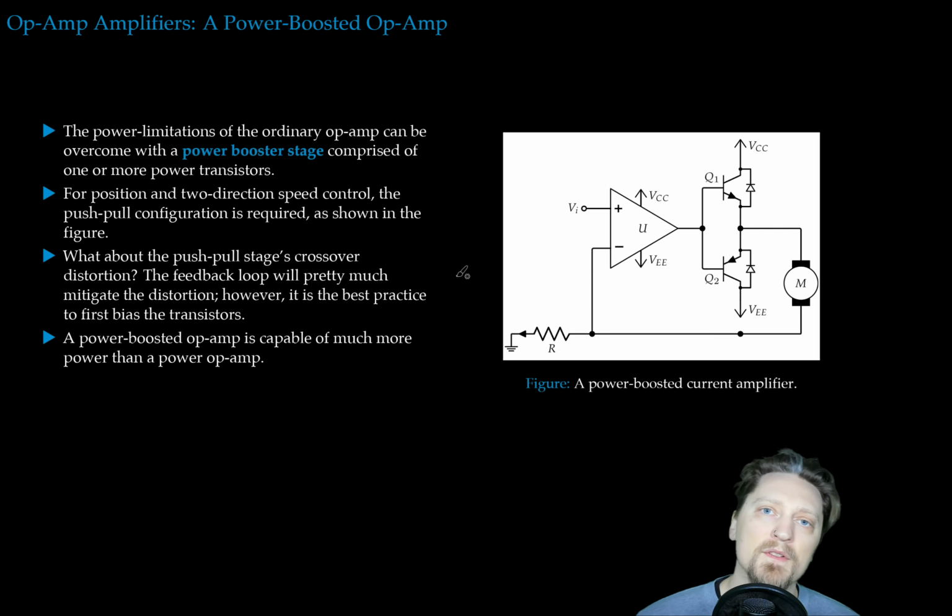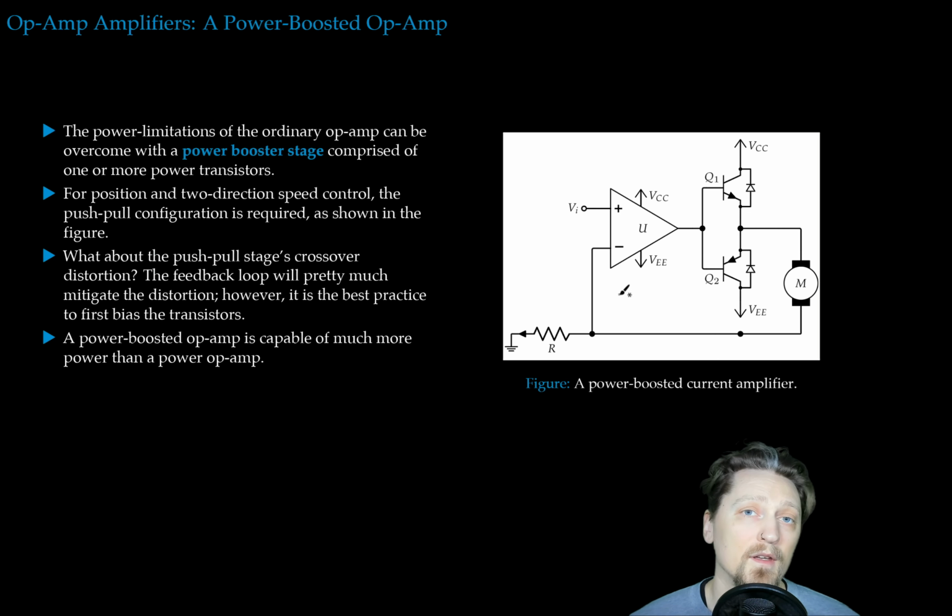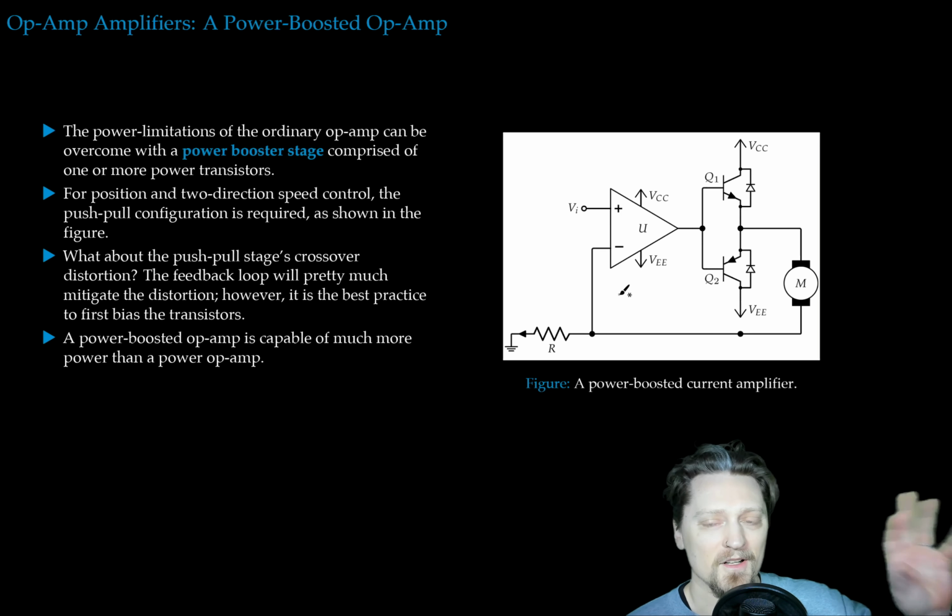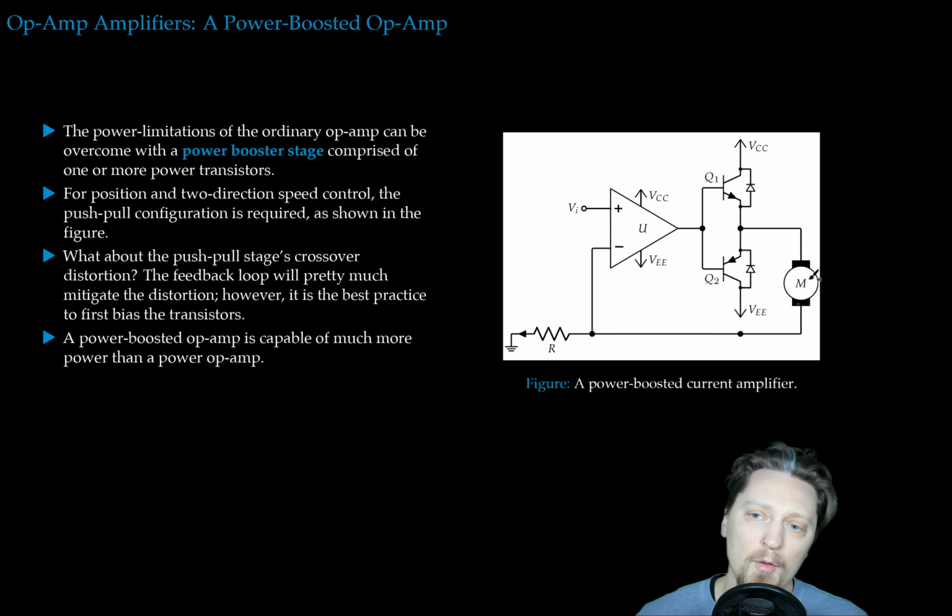What about the push-pull stage's crossover distortion? Do we still have that? The feedback loop will pretty much mitigate the distortion. The fact that we have feedback here to the inputs of the op-amp will actually mitigate the crossover distortion that we had in the power transistor amplifier with this same output stage.